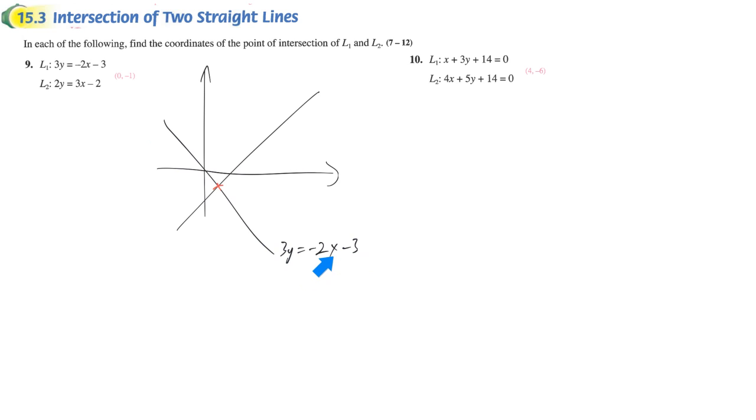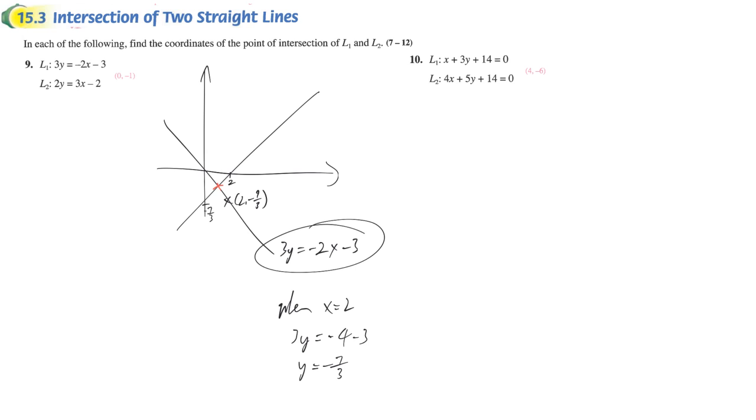Let's say if x is equal to 2, then 3y is equal to negative 4 minus 3, and y is equal to negative 7 over 3. So when x is equal to 2, y will equal negative 7 over 3. This point will fulfill the requirement here. Not only this, but every point on this line, the x and y at that point will fulfill this requirement.